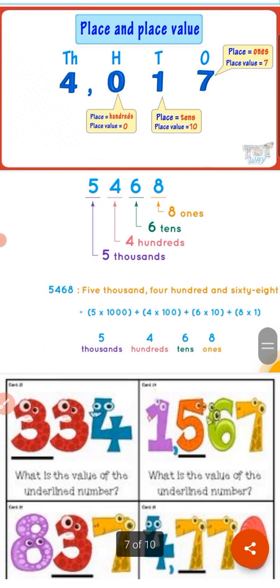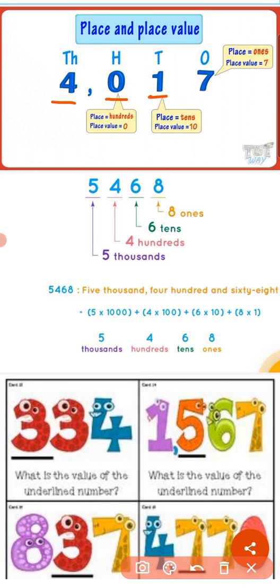Now our next number is 4017. This is a 4-digit number. Start from right to left. 7 is in ones place, 1 in tens place, H that is hundreds place 0, then TH is for thousands place.